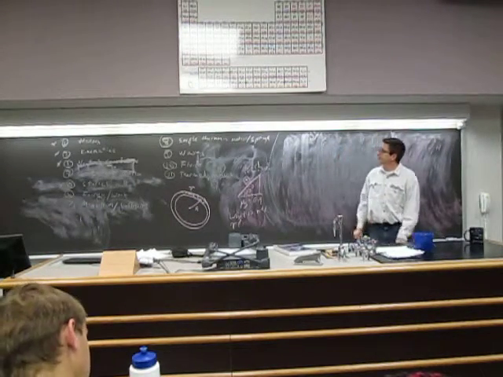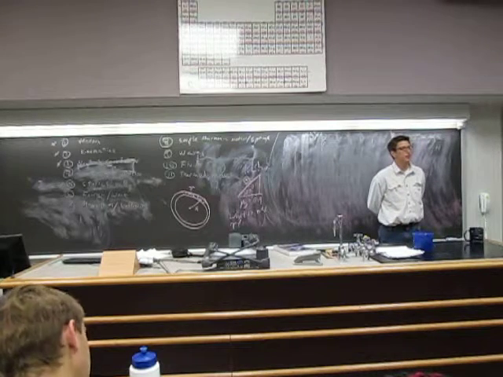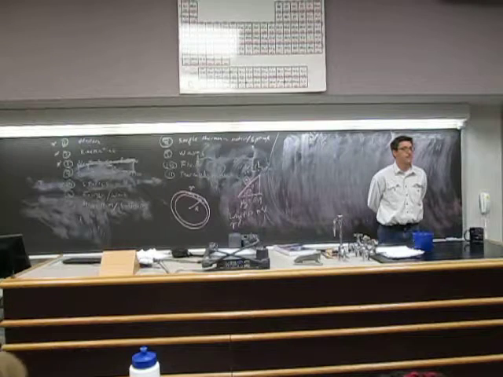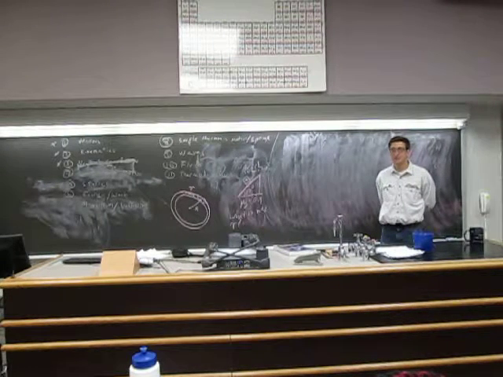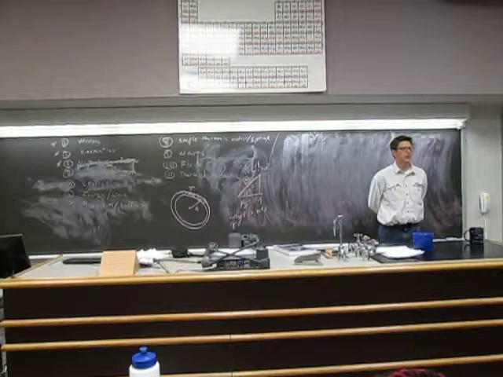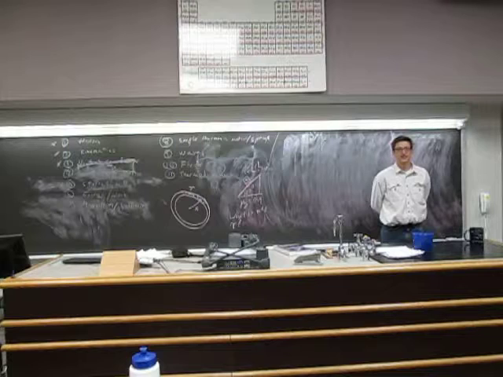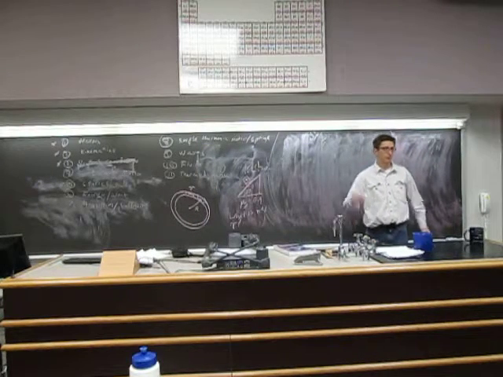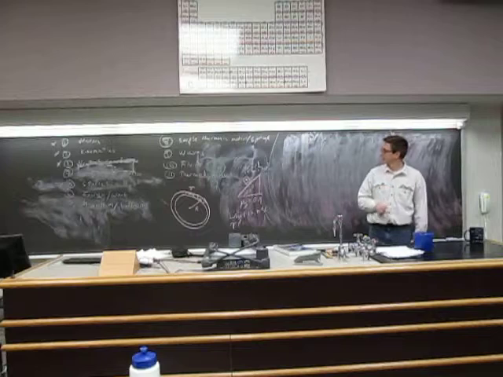All right, so what's the condition to move in a circle? The acceleration is v squared over r, pointing towards the center of the circle.